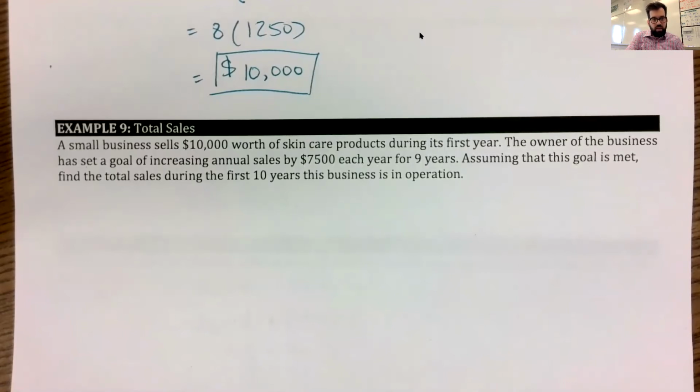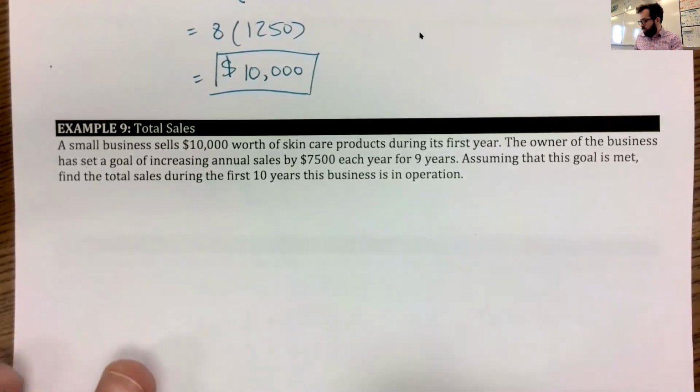All right. Well, we are already told the common difference here, right? It says in the second sentence, the goal is increasing annual sales by $7,500 each year. So it's going to be adding $7,500 to the total every year.